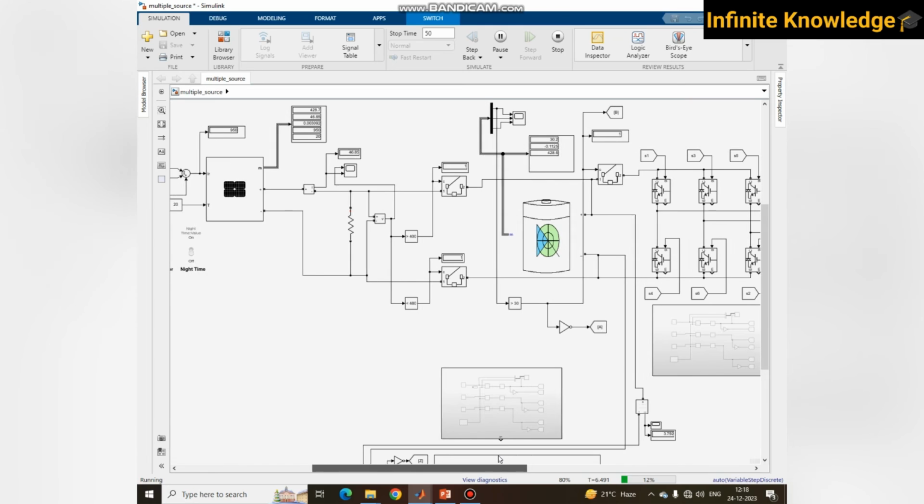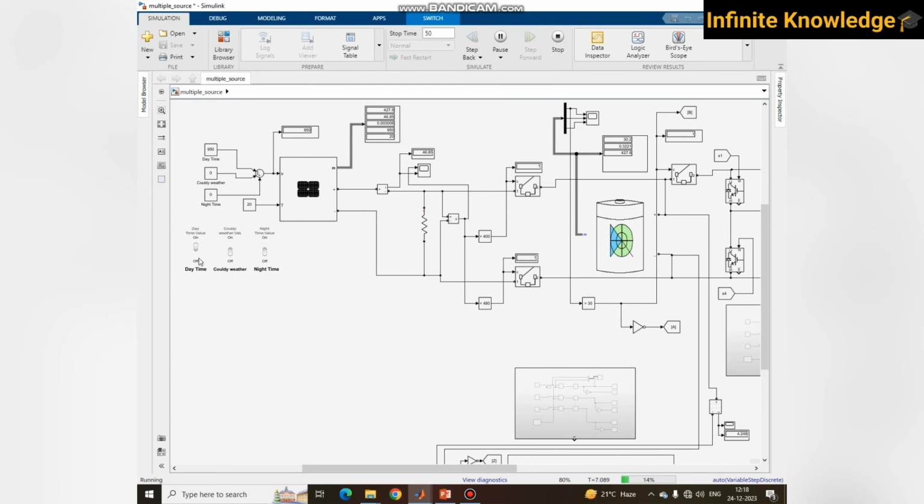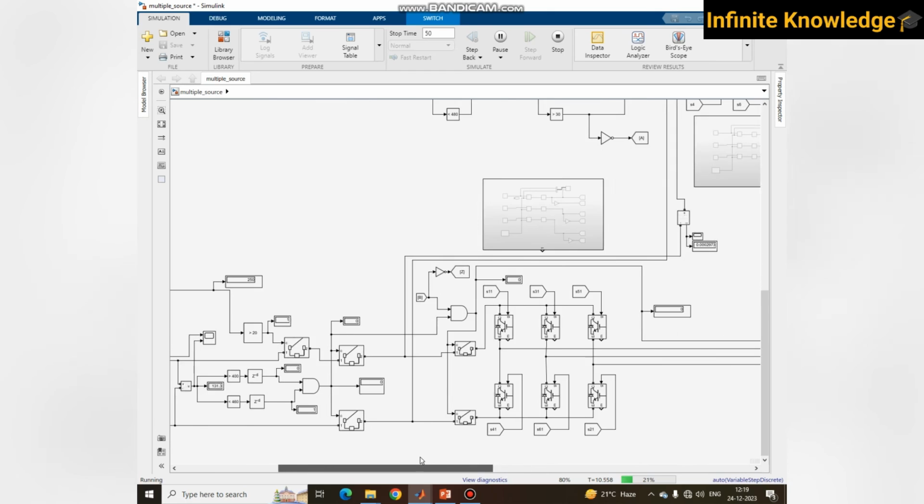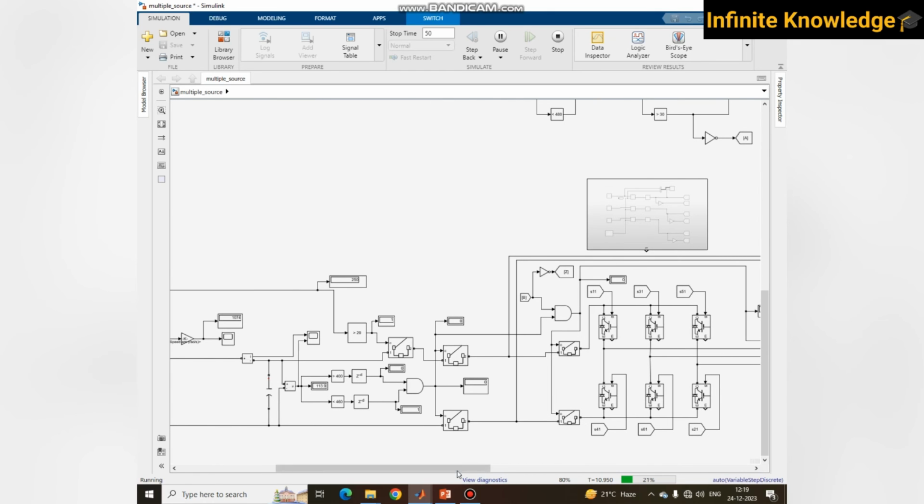Okay, now what happened again? After some time, your solar is also isolated. In this condition, you can see the battery is getting discharged, and you don't have a wind source and you don't have a grid source. Everything is in the off condition.